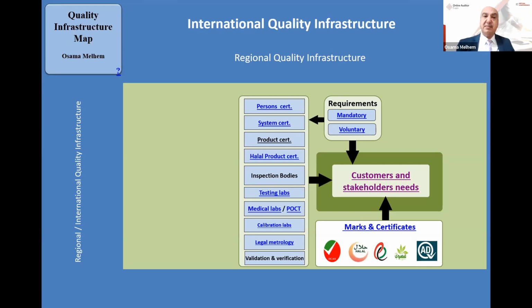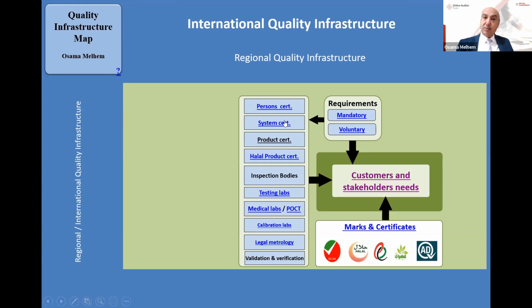We see many claims in the market that this product, for example, is reducing the emission of CO2 or others, okay? Or this product is good for health, or that product can reduce the weight. All these claims, we need a specific body who is competent to check that this claim is true or false.